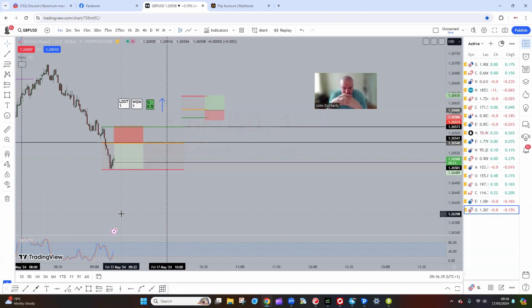Seconds left of this candle. I'm hoping for a bit of a push up, touch in for an entry, because if we can get this in and get an entry and get a successful trade, and grab that 1.5%, we'll be 2% up for the session.